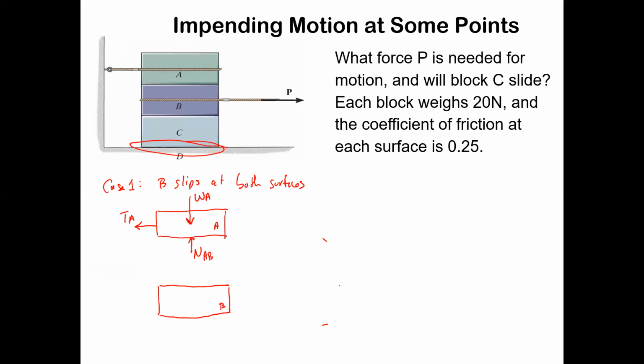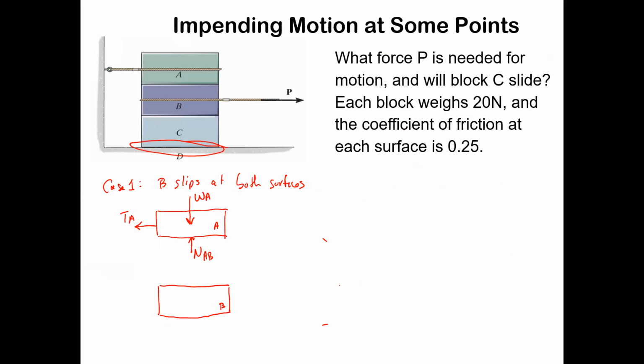And then which direction is the friction force acting on A? To the left or to the right? To the left, because A wants to move to the left, right? No. Which way does A want to move? If you start pulling B to the right, which way is A going to want to move?